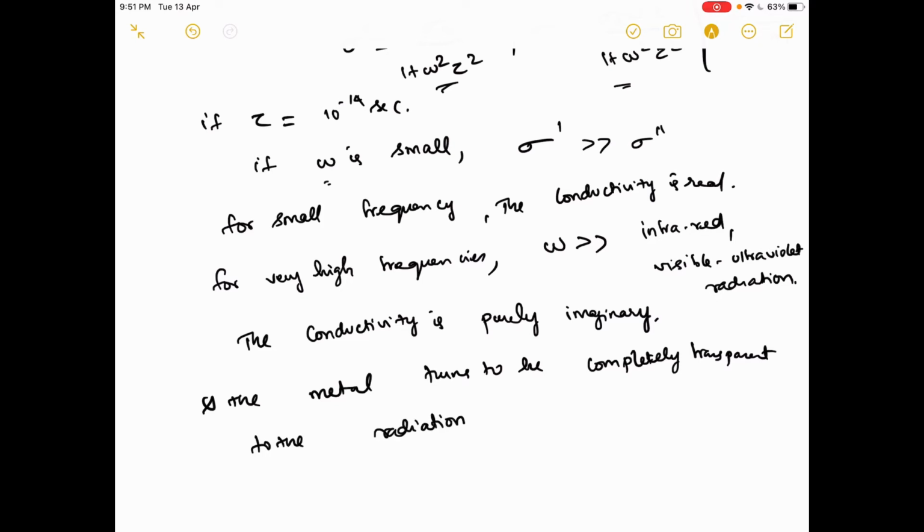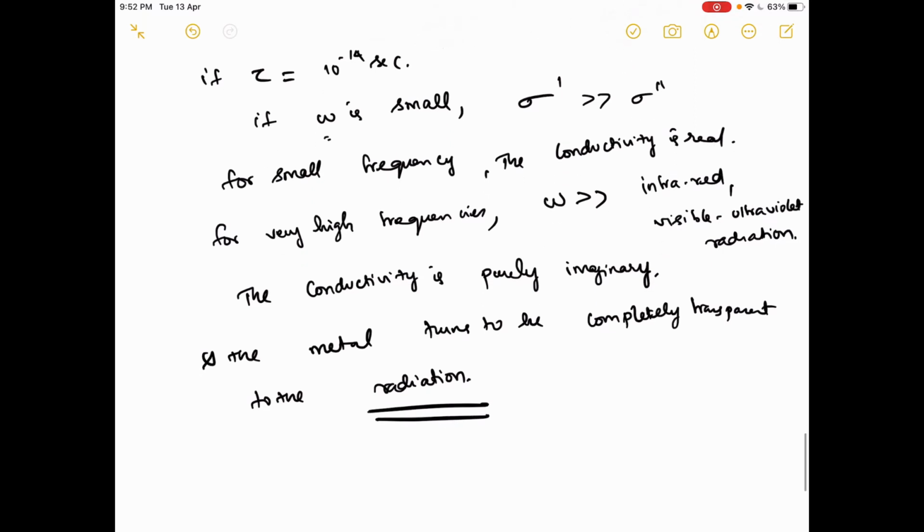So there can be some electromagnetic radiations to which the metal is completely transparent, like the metal will act like glass to some radiations. Is it true? Are there any radiations for which the metal is completely transparent? This is the downside of Drude's model once again.